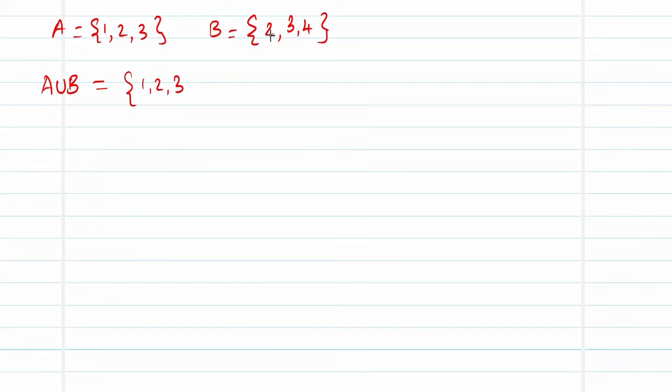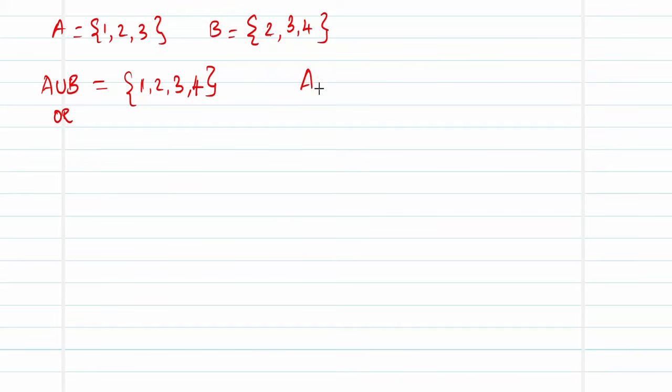When I take elements of B, 2 is already represented over here, so don't take it again. It is a unique collection, you don't have repetition of objects. This 3 and this 3 are the same, so you don't take it twice. The other left out quantity in B is 4. So either in A or in B, the collection will have 1, 2, 3 and 4.